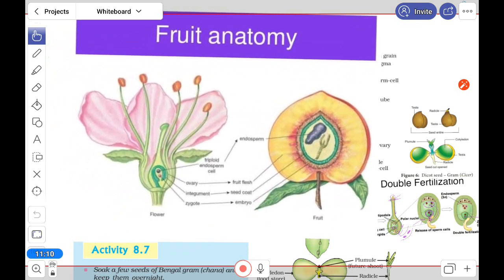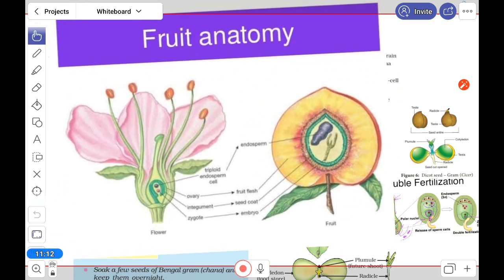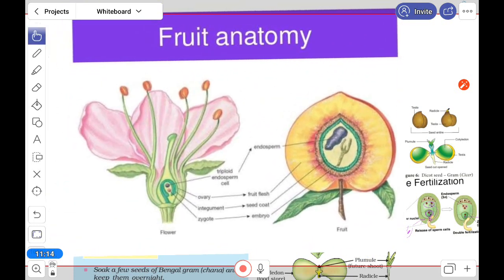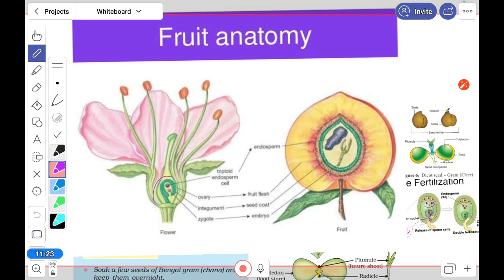So first, here after fertilization, see these different areas. So this is the ovary. This ovary converts into the fruit, the fleshy areas of the fruit.